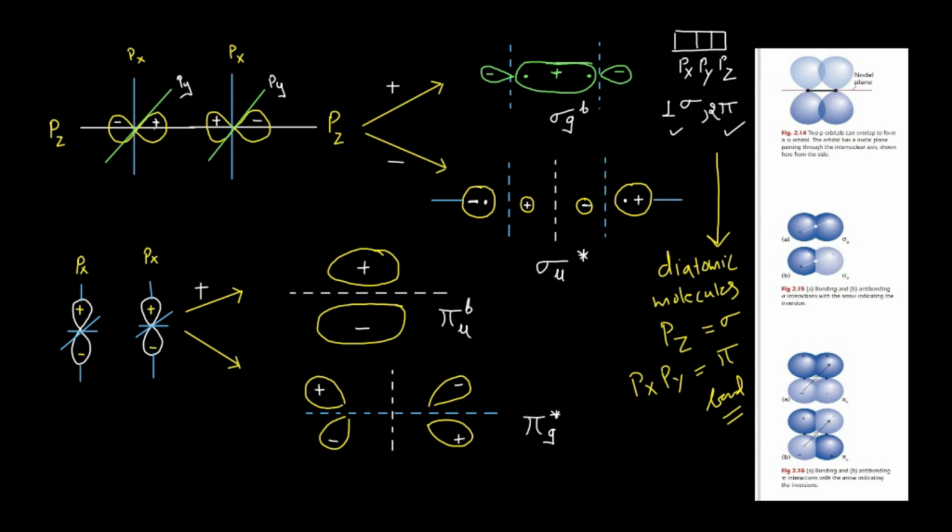So this is one of the pz orbitals. Please remember, this is one of the pz orbitals, and this is the negative part or the negative axis, right? And this is the positive part, and this is your second pz orbital. Now I am combining these two. So here you can see plus and plus, they are combining with the same phase.